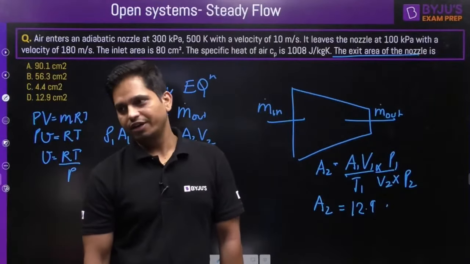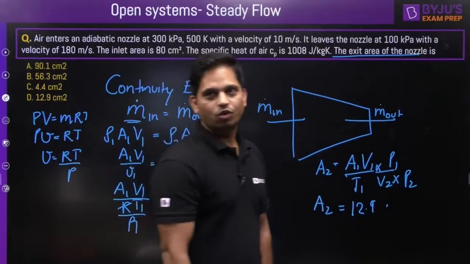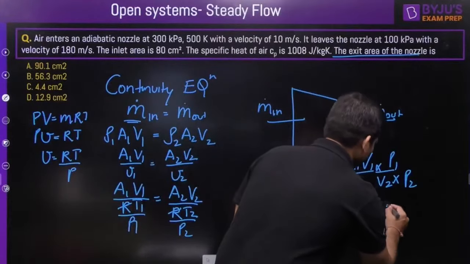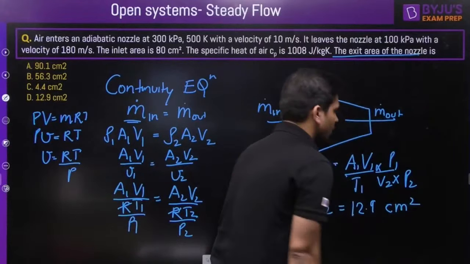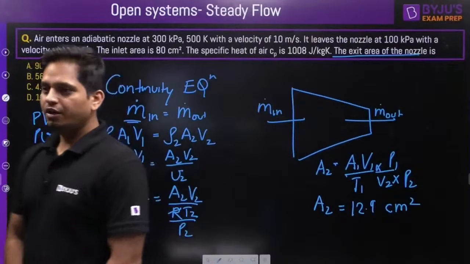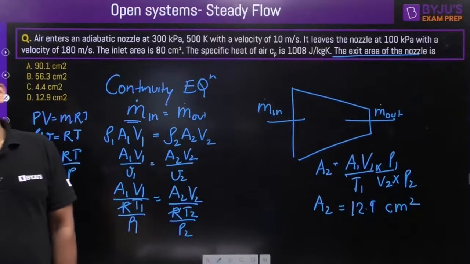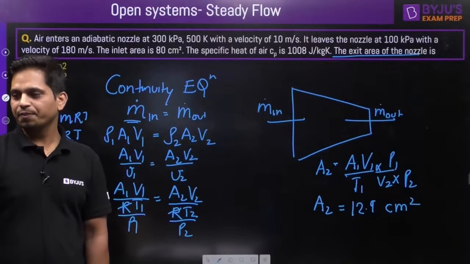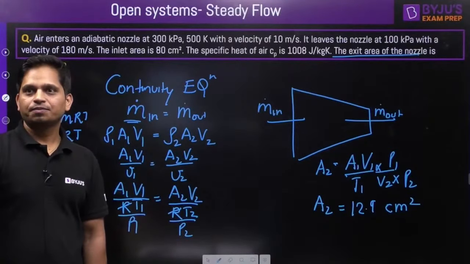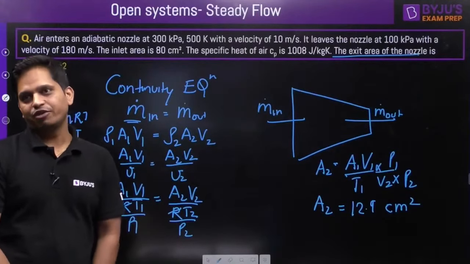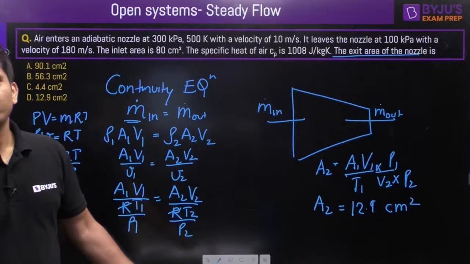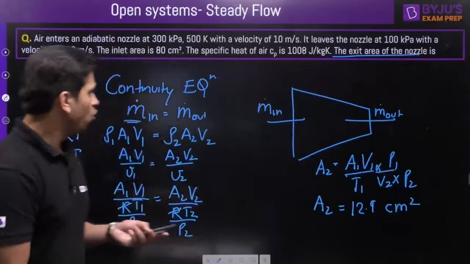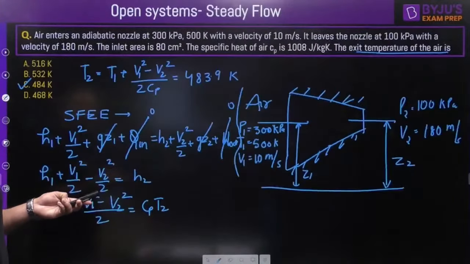Centimeter square. Okay. Sachin, if there are some doubts, you can ask. 12.9 centimeter square. Very nice, absolutely correct. Now I hope you have noted down this question.